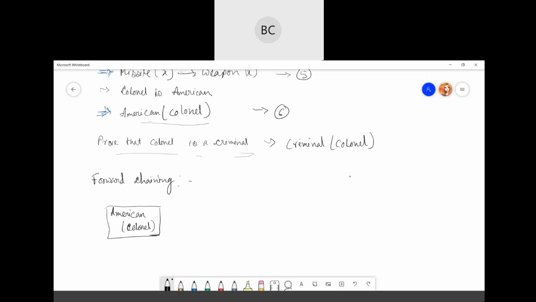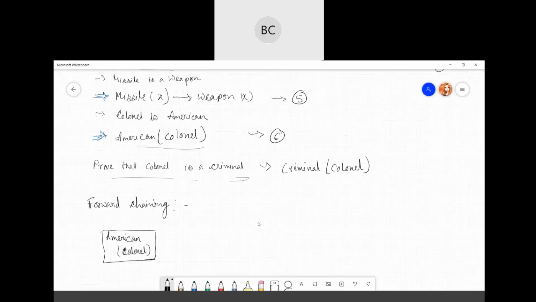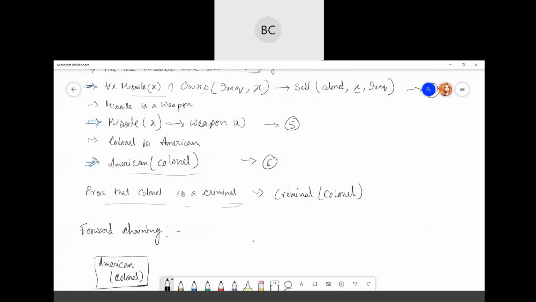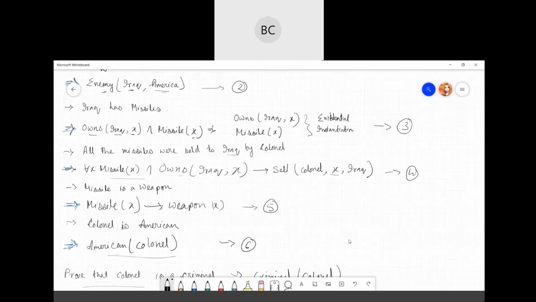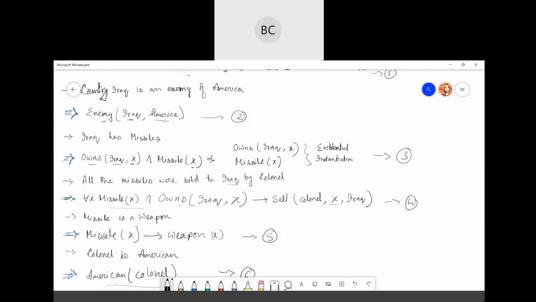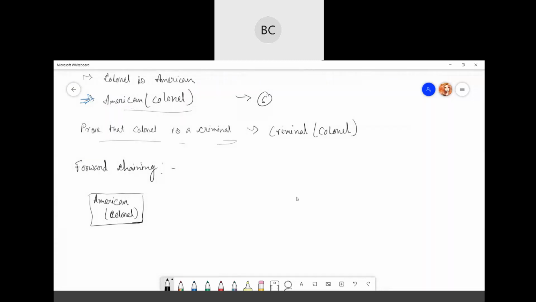Okay, so what is the next thing we have? One is this one, implies weapon. Then we have Sells, and these are the single ones: Owns(Iraq, X) and Missile(X). So I can just use 3 and 2 also, because in 2 also these are single ones with no implications. So these are the basic ones, the initials. American(Colonel), then there was Missile(X).